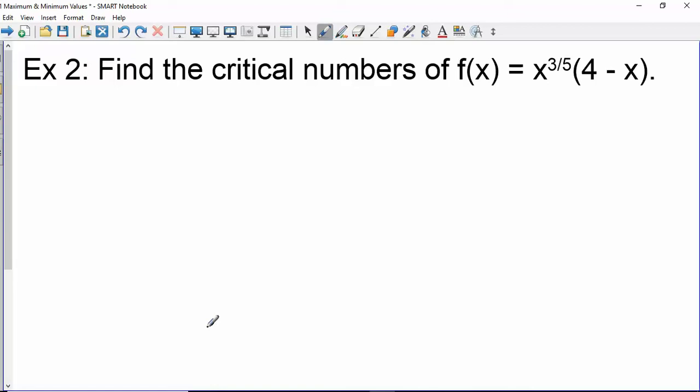So I want the critical numbers of this. What do I need to do to find critical numbers? Derivative. Anytime you don't know what to do on a problem, it seems pretty likely that you probably need to do a derivative. That's kind of the whole theme of what we've been doing in calculus. What should I do to make this derivative a little easier?